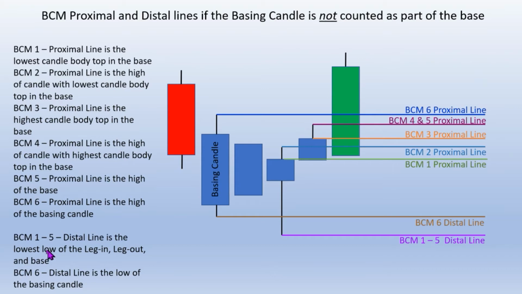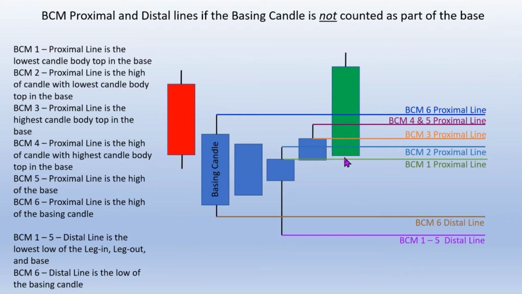Okay. For BCM 1 through 5, the distal line is the lowest low of the leg in, the leg out, or the base. So in this case, the wick is the lowest low. If by some chance this leg in had a long wick that exceeded past this low, it would become the distal.